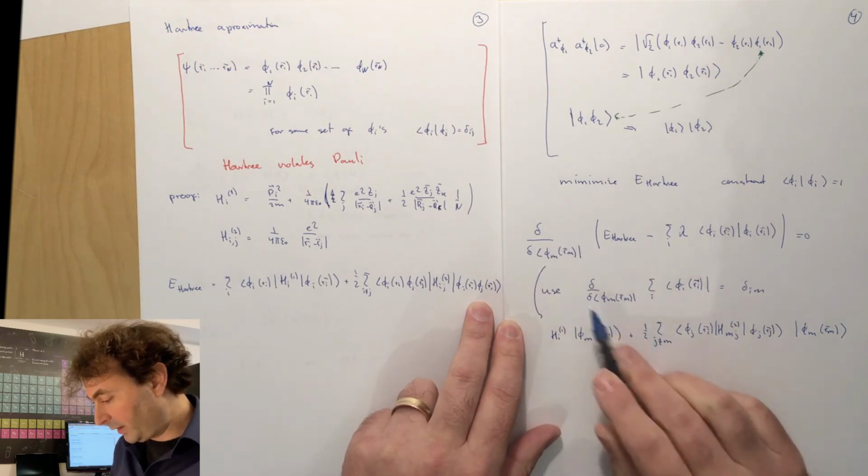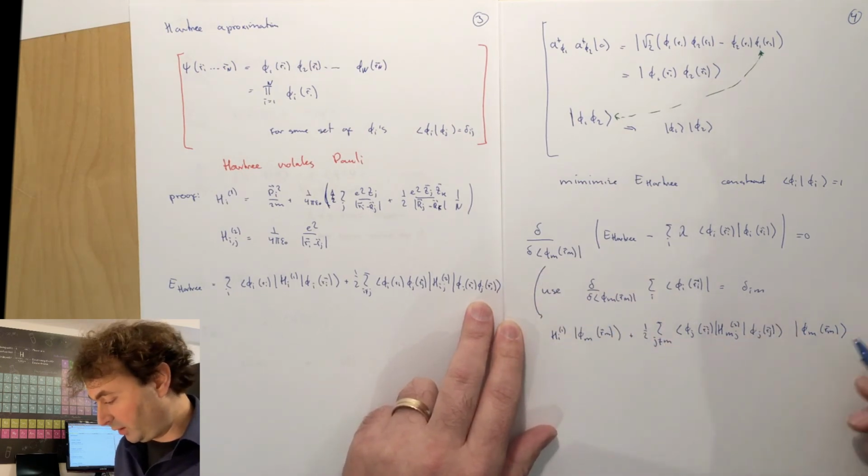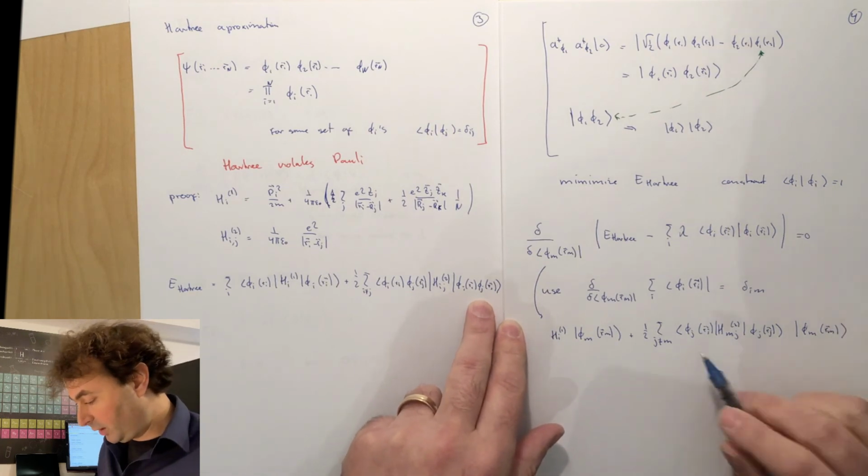The derivative of the bra became a delta function, so all i's are replaced by m's and the j's remained.